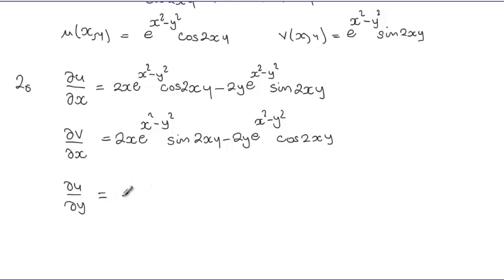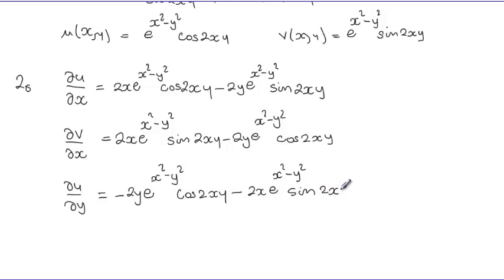So you're going to have the minus 2y, and the rest is the same, e^(x² - y²) cosine 2xy. Again here it is going to be minus, now it's going to be 2x e^(x² - y²) sine 2xy.